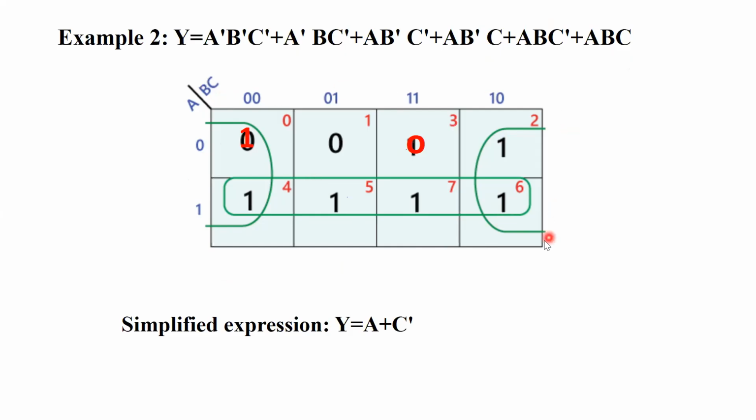Just write down this box. Don't do any entry right now. A I am taking on this side and BC on this side, and draw these 8 cells and write the min terms over here: 0, 1, 2, 3, 4, 5, 6, 7. Just do this entry.